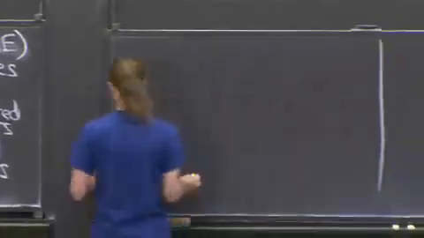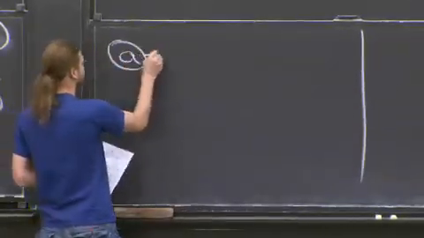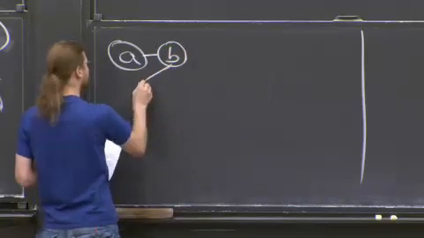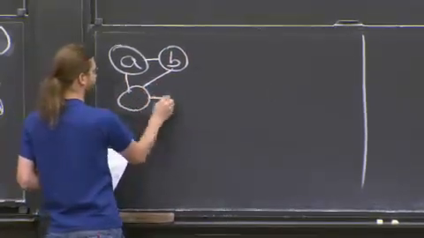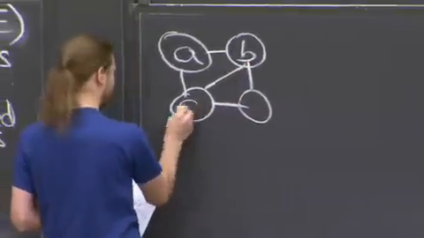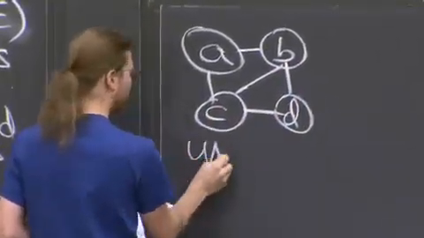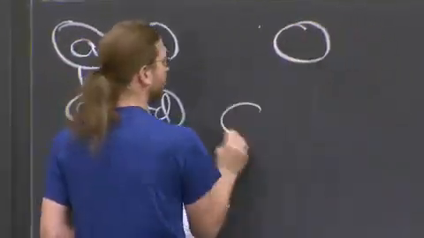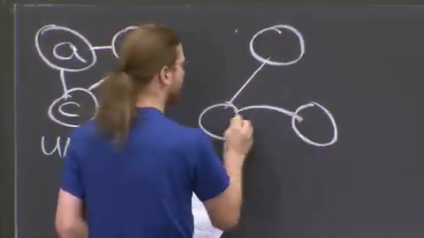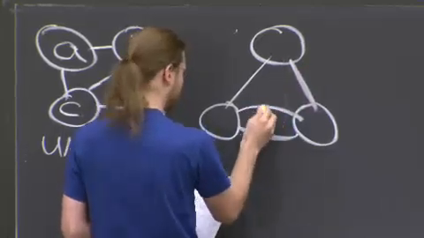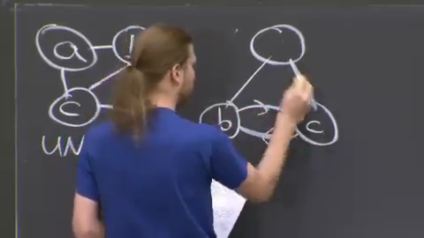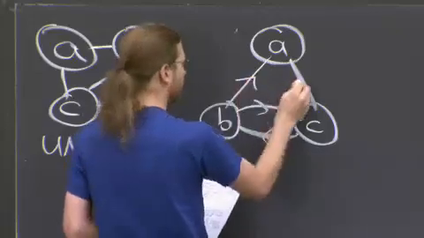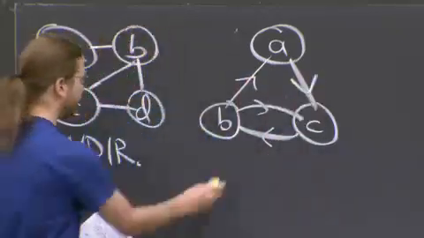So some simple examples. Here's a graph. This is an undirected graph. This is a directed graph.